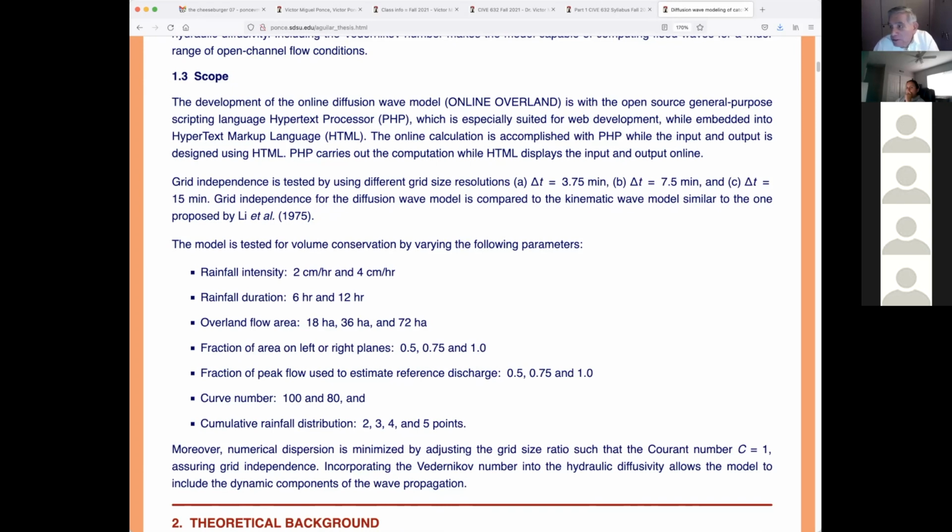But if you use the engine, you couldn't show it. So you need the HTML to show the results. So it's a good marriage. The interesting thing about this is that the PHP does not show. So in other words, people cannot copy your code. Even though the code is free, they can't copy it.